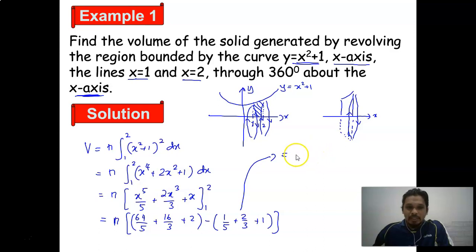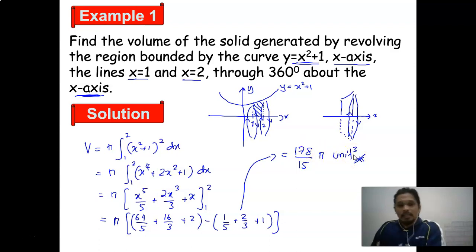You may use your calculator to get the answer, which is 178 divided by 15 pi unit cube. You may calculate manually or use your calculator until you get it. Okay, next question.